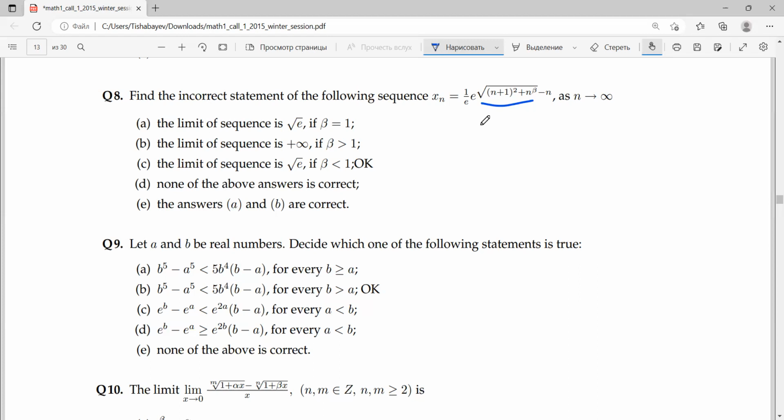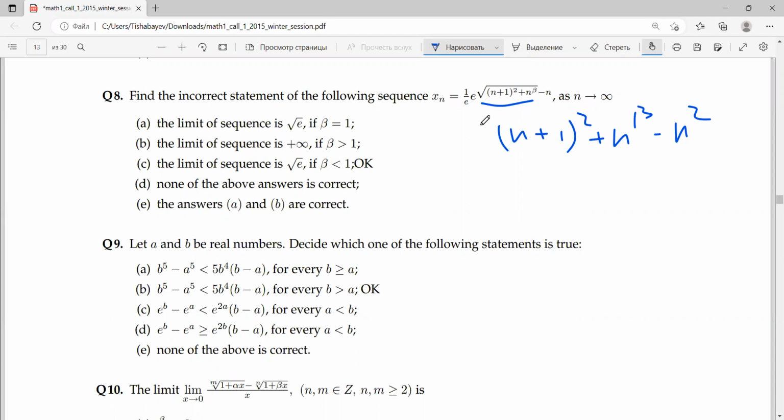So we need to multiply and divide by the conjugate, and it will be n plus 1 squared plus n to the power of beta minus n squared. Here n squared and n squared are cancelled. That's why it's written beta greater than 1, beta less than 1.